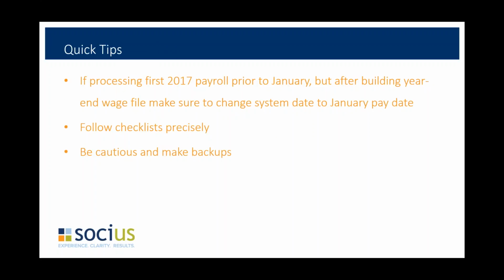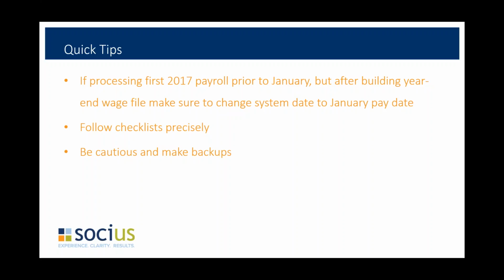I do have a couple just quick tips. We've kind of gone over these a little bit anyway, but if you're processing your first 2017 payroll prior to January, but after building your year-end wage file, please make sure to change the system date to a January pay date. So you'll need to change your system date to January for that pay run. Follow these checklists precisely.